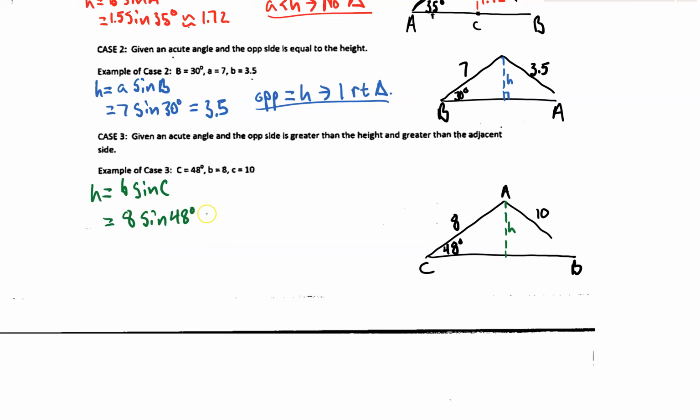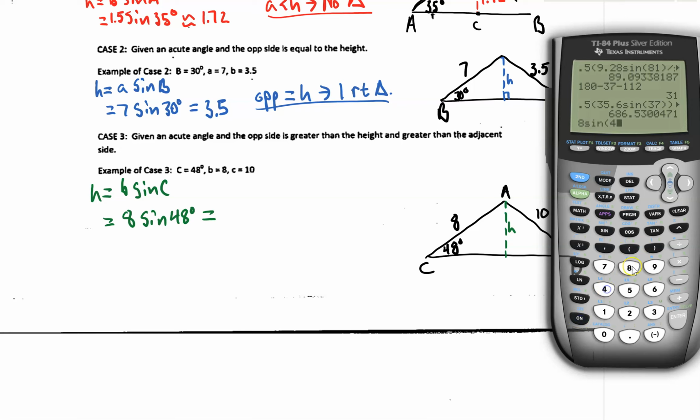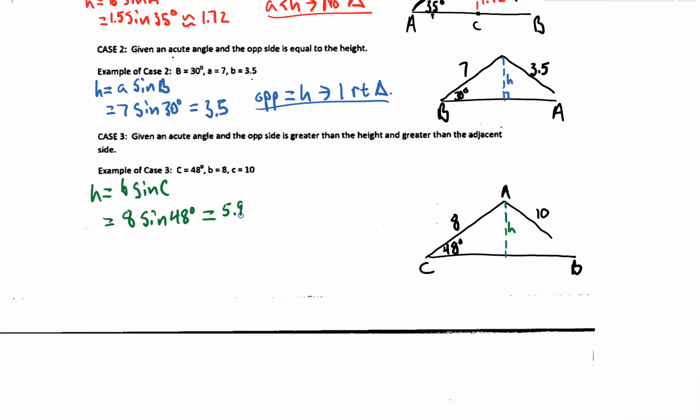When you do the math for this particular one, I'll have to do this one on my calculator. So 8 sine of 48 degrees is 5.945.